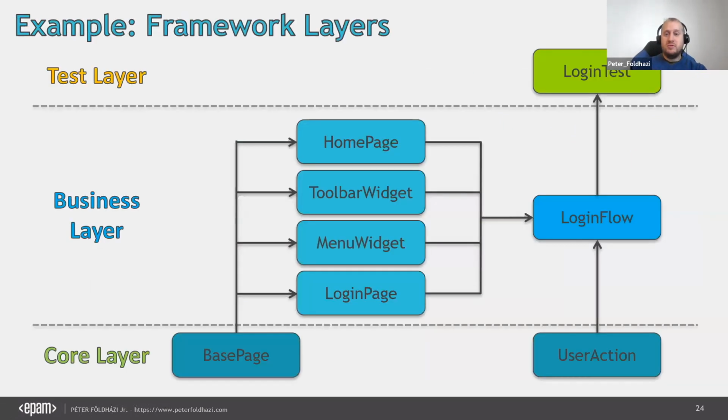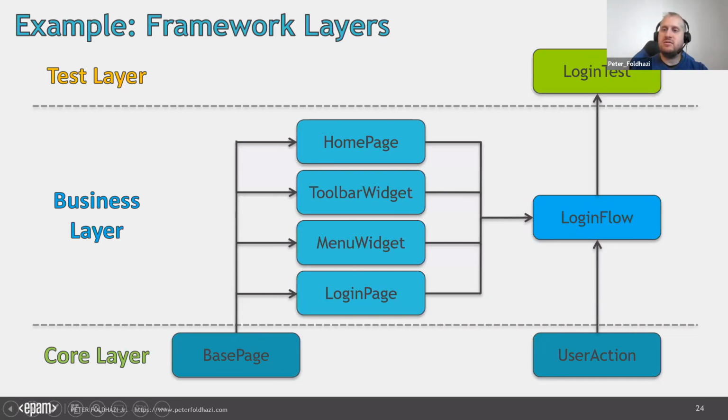All right. The example is going to be built on this previously shown trial concept. So let's say that you have a generic base page in your core layer, and user actions that are basically the base user actions for the login flows. All the pages and widgets are going to be built on top of the base page. You might even have an app-specific base page here if necessary, but in this example, I'm not going with that.